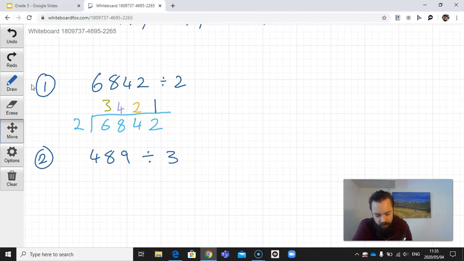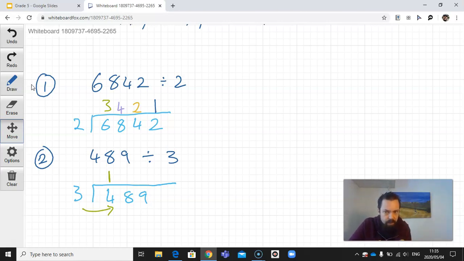Okay, let's set it out properly with the bus stop. 489. Step 1. How many times does 3 go into 4? Well, 3 fits in once. 6 is too many, so 3 fits in once. But this time, unlike above, it didn't fit in exactly.